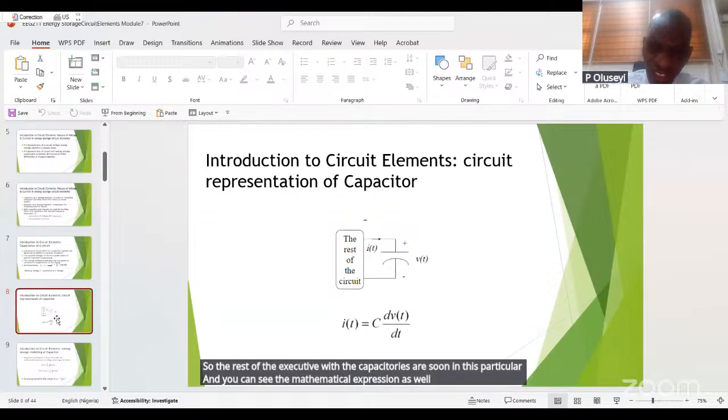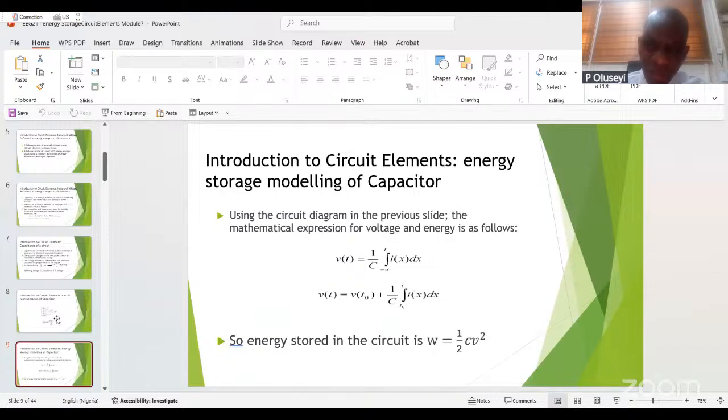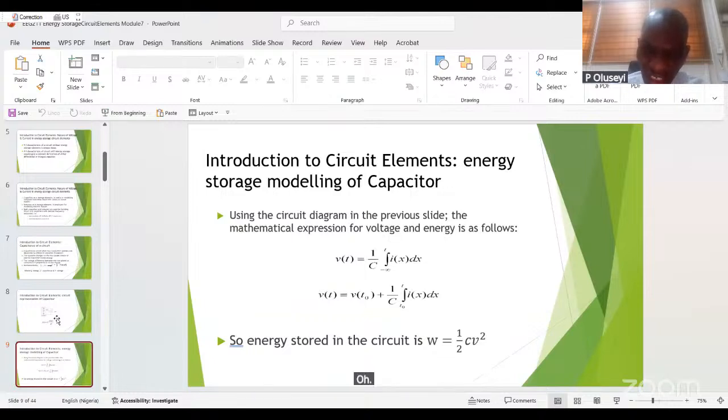I of t is equal to C dV/dt. Using the circuit diagram in the previous slide, we can go further from I = C dV/dt to get V of t to be 1 over C integral of I dt.